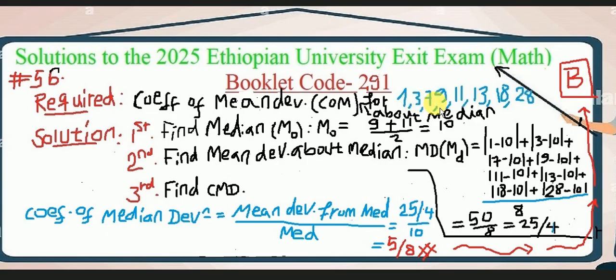We have here 9 items, median is the 9 plus 1 over 2, that means 10 over 2, that means the fifth item.